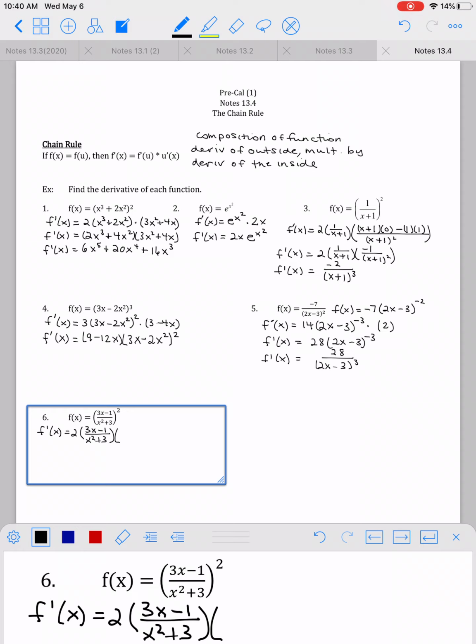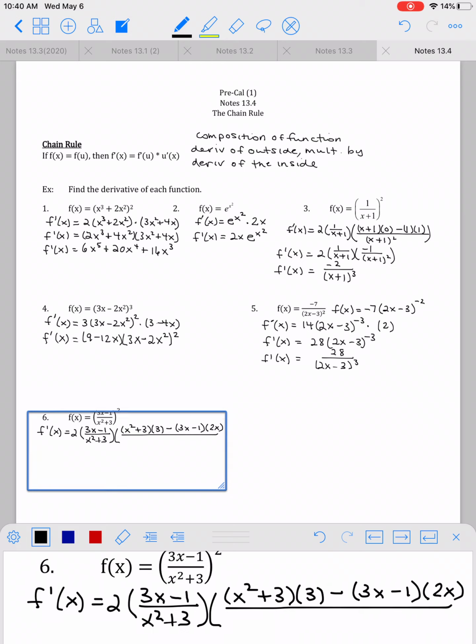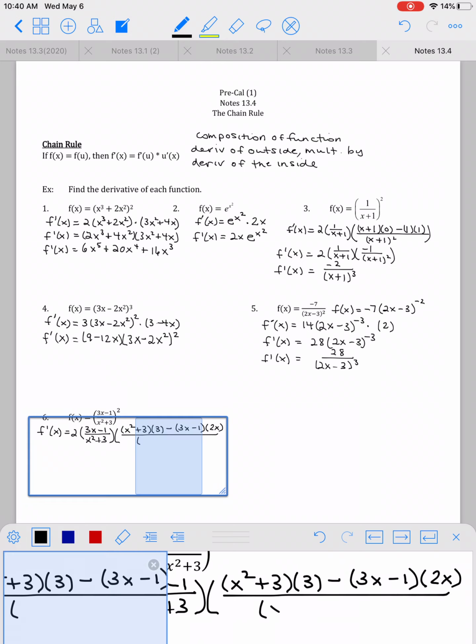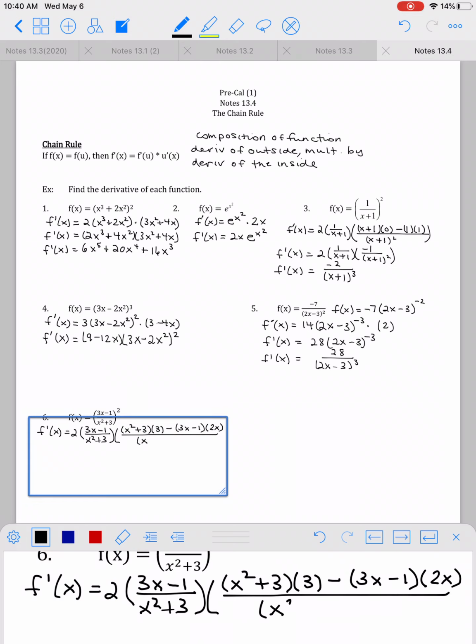Next, we're going to take the derivative of the inside, which is a quotient. So low, x squared plus 3, times the derivative of the high, which is a 3, minus the high, which is 3x minus 1, times the derivative of the low, 2x, all over the low, the denominator, no derivative there, squared.